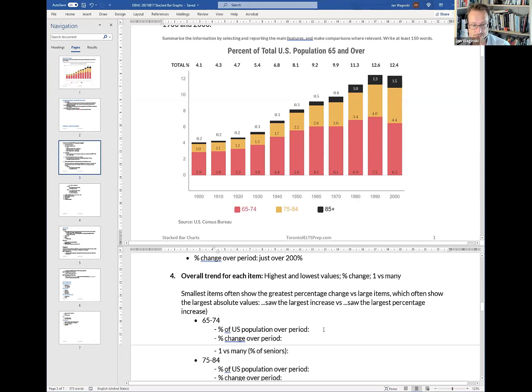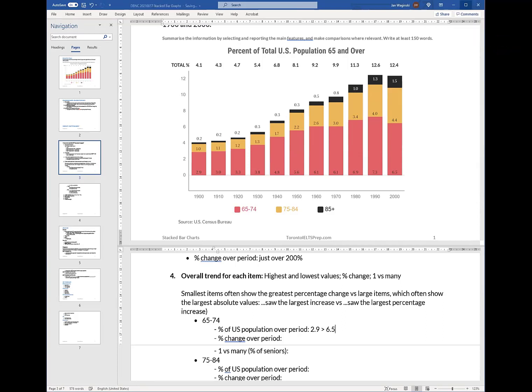The 65 to 74-year-old group, what was their percentage of the population over the period? It went from 2.9 to 6.5. What percentage change would that be, roughly? Roughly 700%?